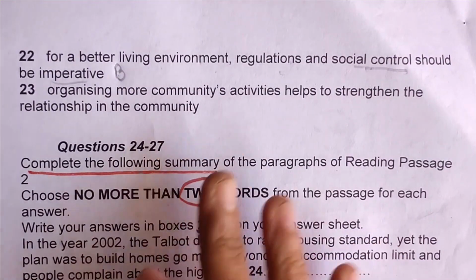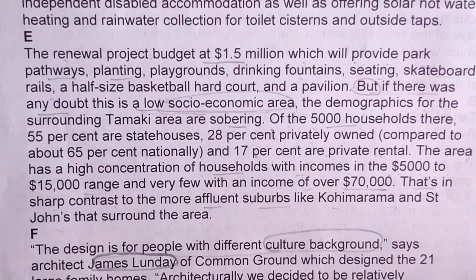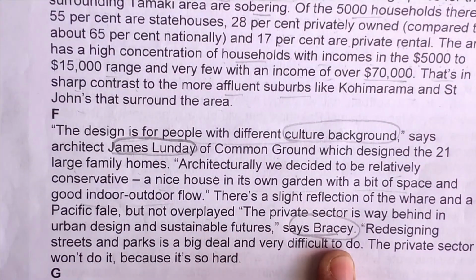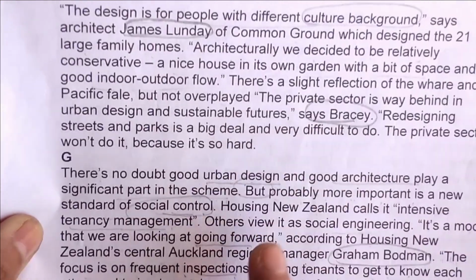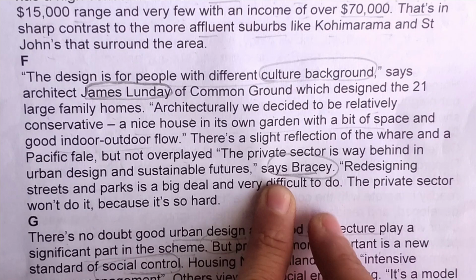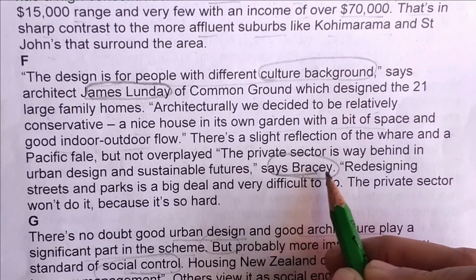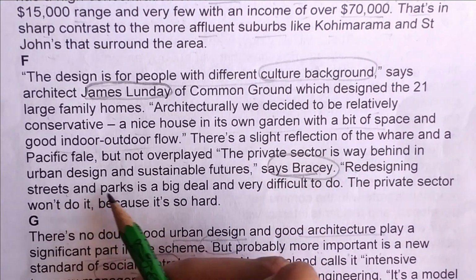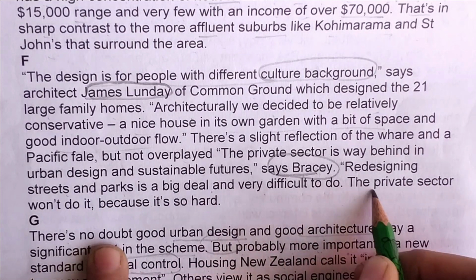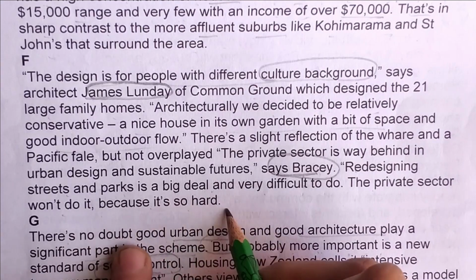Now let's look at the other options. Here in E paragraph we have just read this Bracy. G we have done, and B is this. F paragraph, Bracy. So what Bracy is saying: redesigning streets and parks is a big deal and very difficult to do. The private sector won't do it because it is so hard.